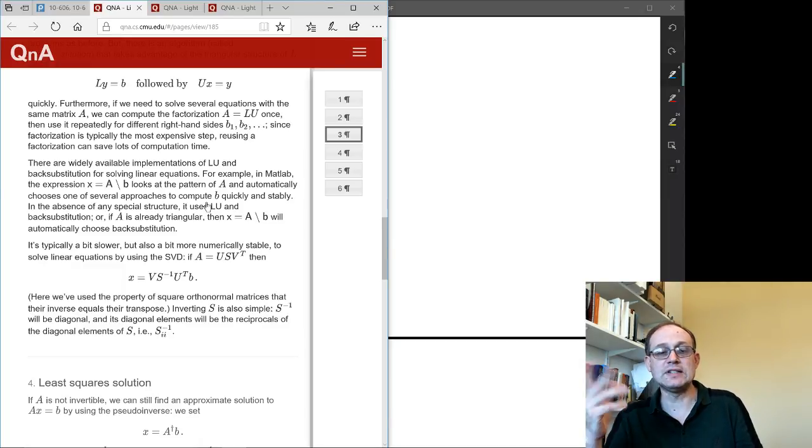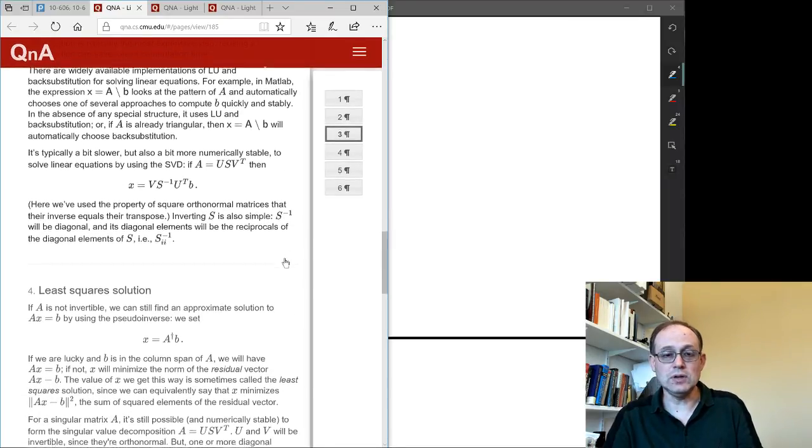For example, if A were already triangular, then MATLAB would automatically do back substitution instead of trying something more expensive. Or if A is a general pattern, it first tries to LU decompose A and then use back substitution. All right, so that's with an LU factorization.